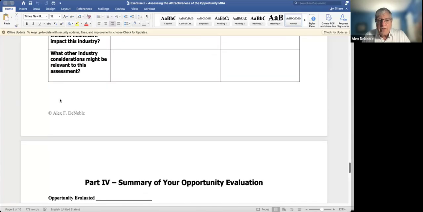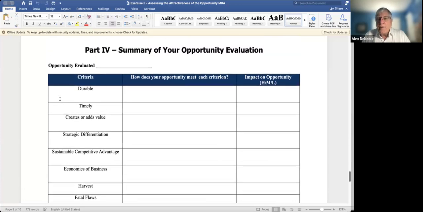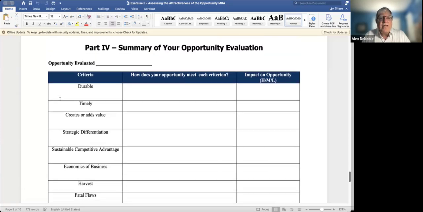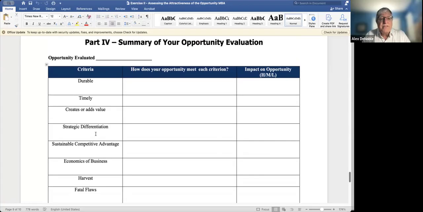So there's part 3. Now, part 4, I'm asking you to create a summary of your opportunity. I gave you a slide earlier: durability, timeliness, strategic differential, all of these. There's a whole slide on these. How does your opportunity meet each of these criteria?